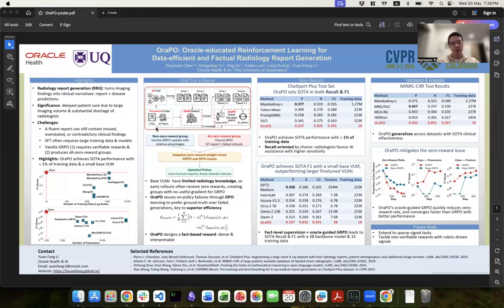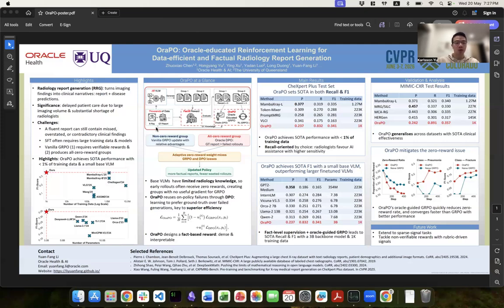Now let's look at the main results. On the CheXpert Plus benchmark, OraPO achieves state-of-the-art recall and F1 scores, while using less than 1% of the training data used by prior methods. In radiology, recall is especially important because missing abnormalities is clinically dangerous.